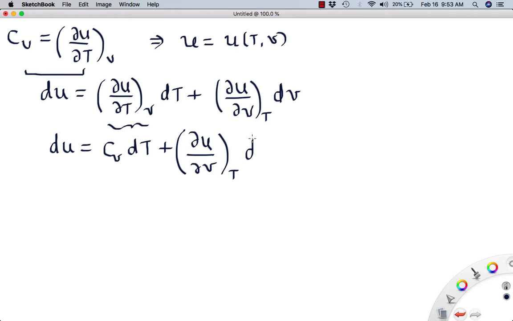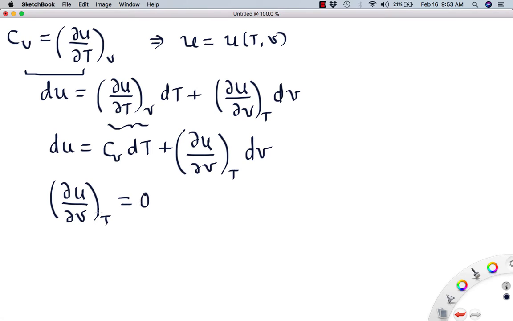Okay, and we know that internal energy of a gas depends on temperature only, which is shown by Gay-Lussac and Joule's experiment. And if we keep the temperature constant, then the change in internal energy would be zero. That means in terms of partial derivative, we can say that partial U partial V at constant temperature would be zero.